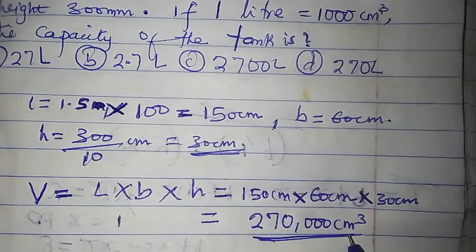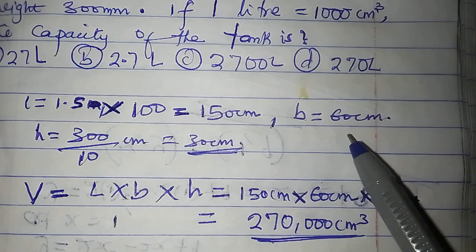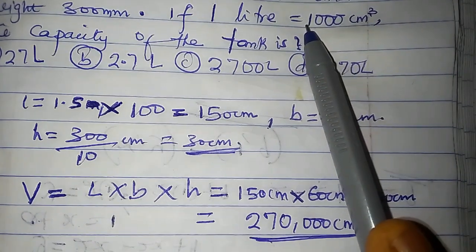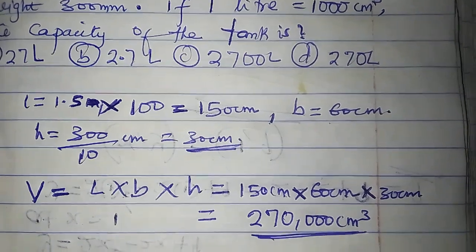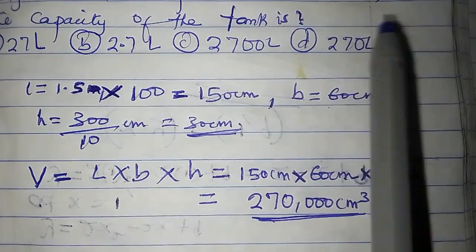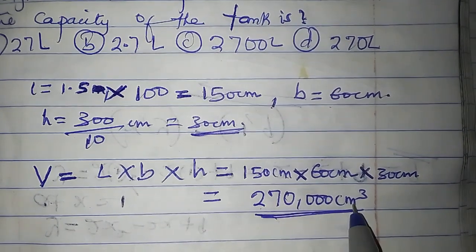So we have to convert this centimeter cube to liters. That's actually the reason why we are given this 1000 centimeter cube as a conversion factor. So if 1 liter is 1000 centimeter cube, to get the number of liters in 270,000 centimeter cube, I will divide by 1000.